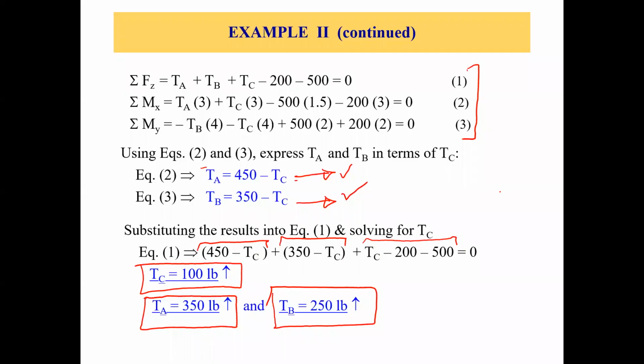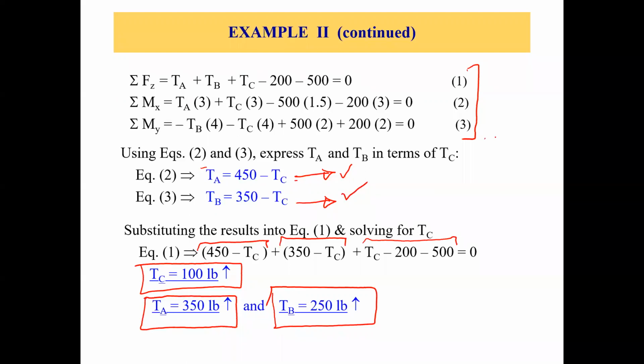So that's how we are done with this problem. We were required to find these three tension forces in this plate, or in the cable, sorry. So we drew the free body diagram, we applied the equations of equilibrium, and we solved the equations in some fashion.